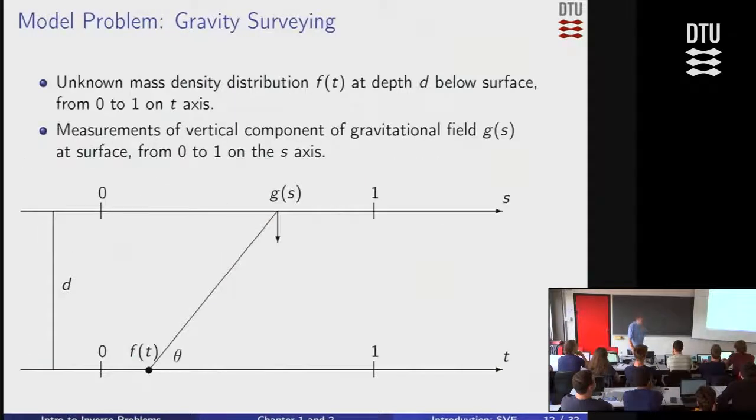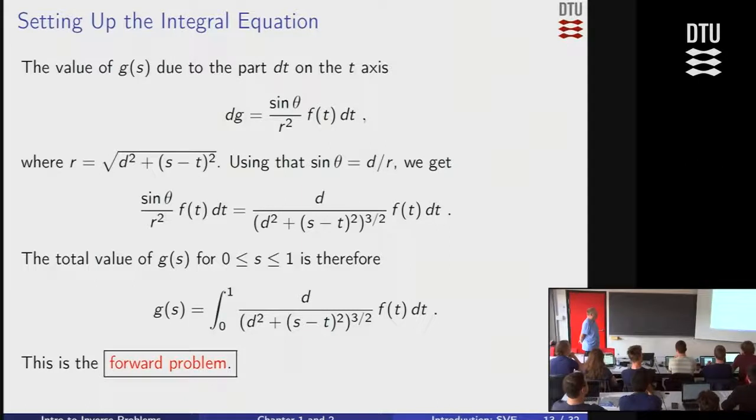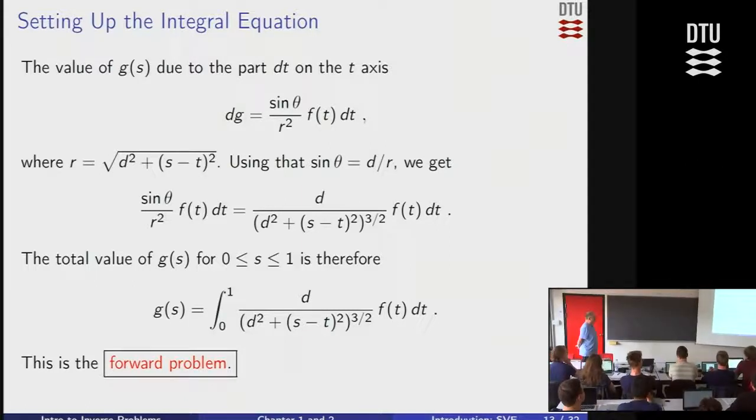If I back up, you'll see down there on the t-axis, that's your angle theta. And sine theta is given by that ratio, d over r. R is the distance and d is the depth. If you plug that in, you get the next equation we see right there. That's the contribution from one infinitesimally small mass distribution at point t, and to get the total gravitational field at point s, you integrate along the t-axis.